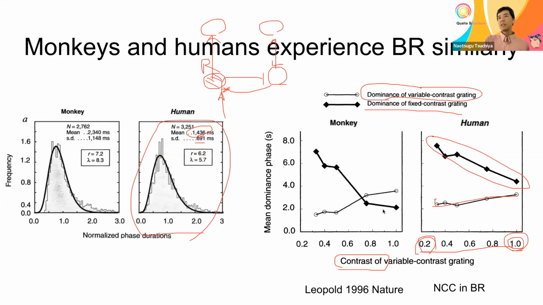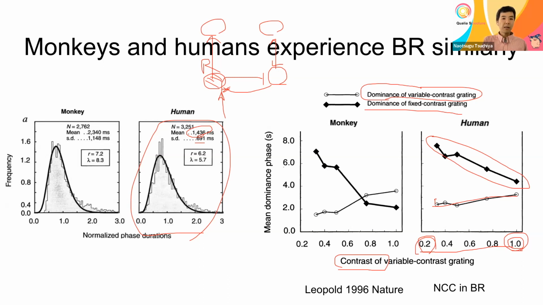It's very difficult to imagine that humans show this, because many people wouldn't immediately come up with this type of result: making one eye's stimulus stronger doesn't change the duration of the stronger stimulus, but the other one gets shorter. That's counterintuitive. And in the case of monkeys, that was the case as well.